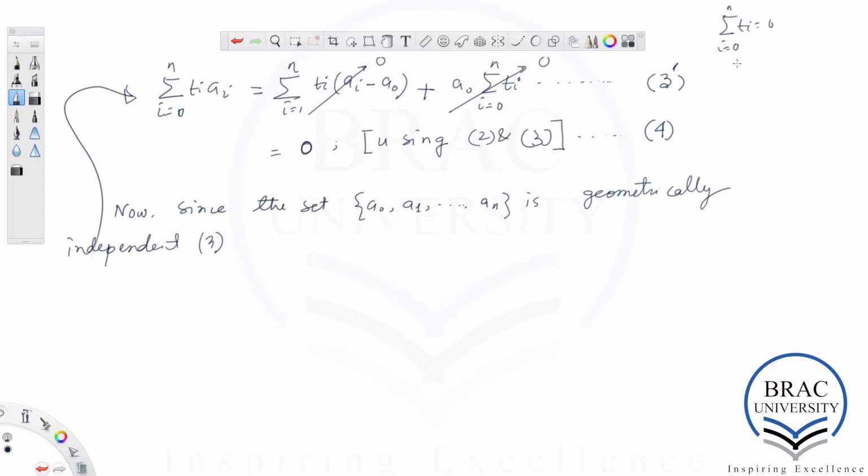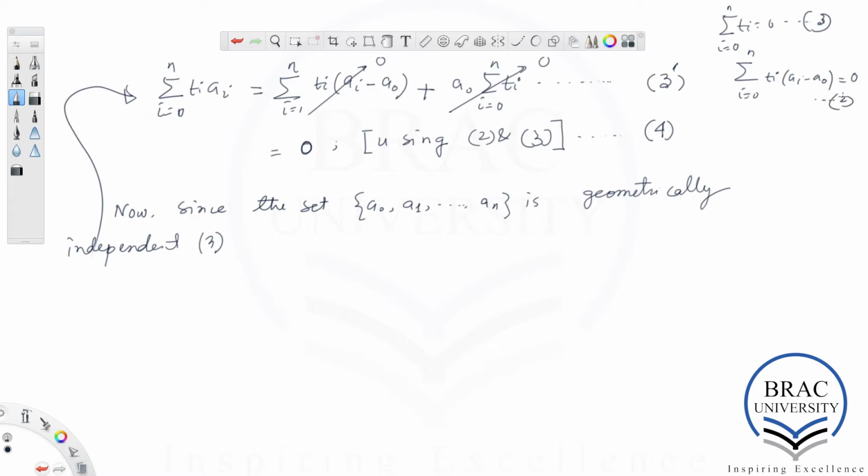And 2 was the sum over all i's from 0 to n of the following expression: ti times ai minus a0 is equal to 0. This was equation number 2.